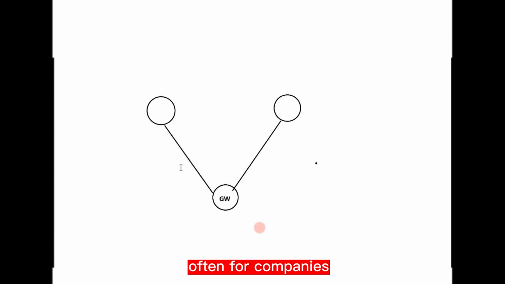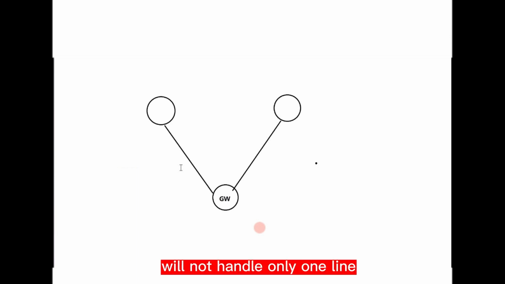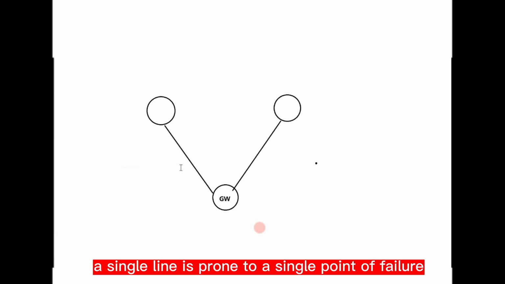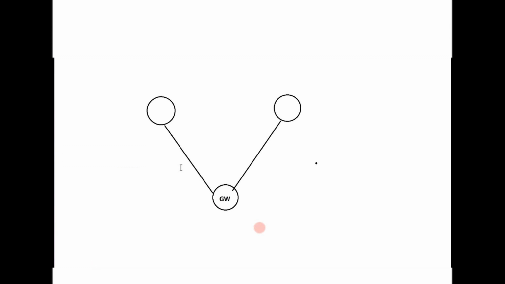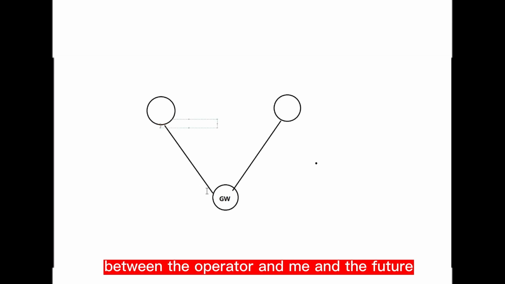Often for companies, when we handle broadband business, we do not handle only 1 line, because a single line is prone to a single point of failure. If there is a problem with the interface between the operator and me, or a problem with the interface of this export device, or a problem with the line I handled.